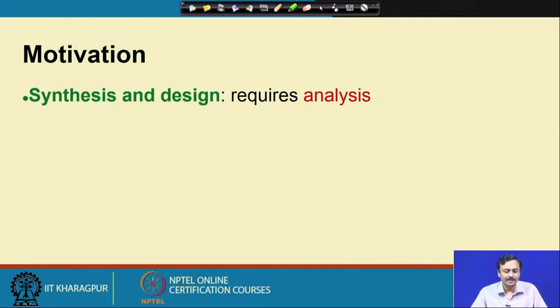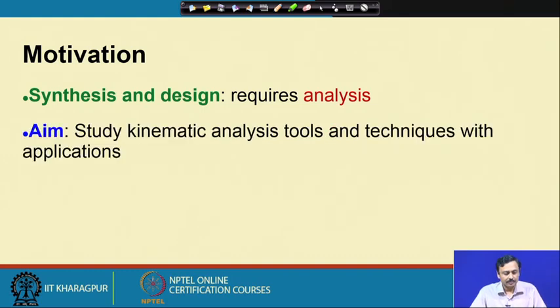Synthesis means setting up the basic structure, what mechanism you should use, and design would be to set the dimensions of such a mechanism, and all these things will require analysis, which we are going to do in this course. So, let us set our aim. In this course we are going to study kinematic analysis tools and techniques with applications.